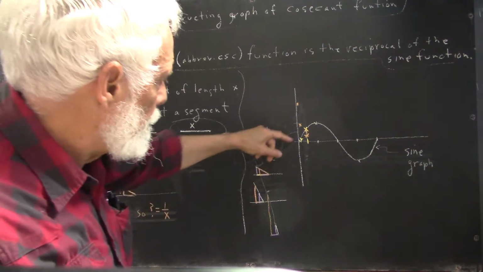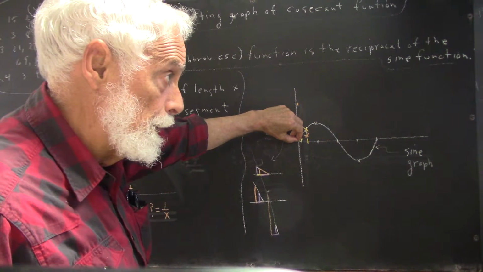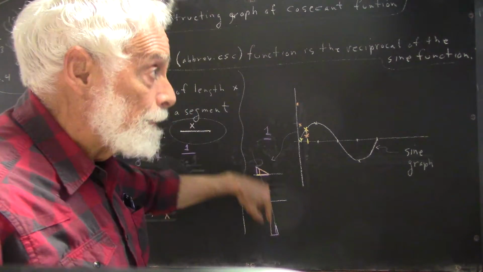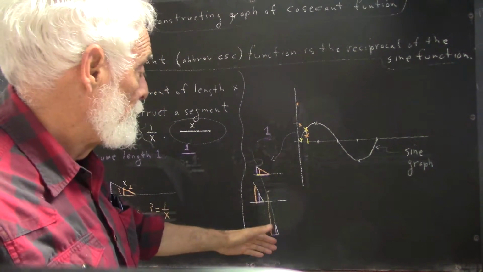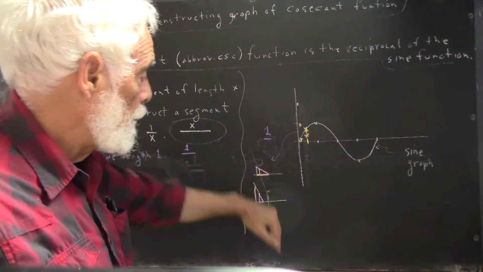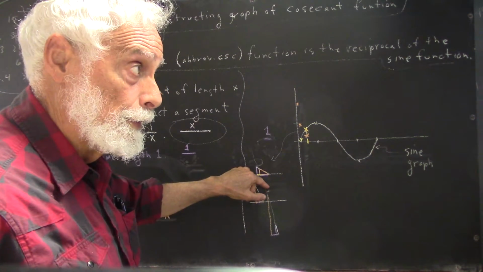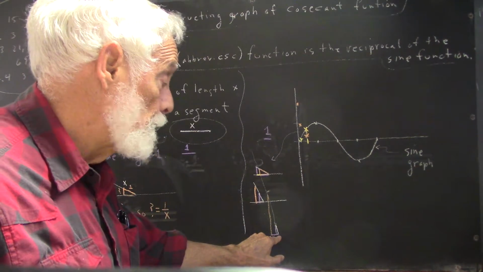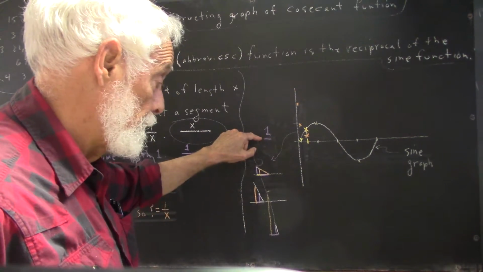And we can see that the closer we get to x equals 0, the shorter this segment is going to be, and the steeper the hypotenuse of this triangle is going to be, and the further we're going to have to extend our hypotenuse in order to meet it with this vertical line. Because, of course, this leg of our new triangle is always going to be of unit length, of the same length as this segment.